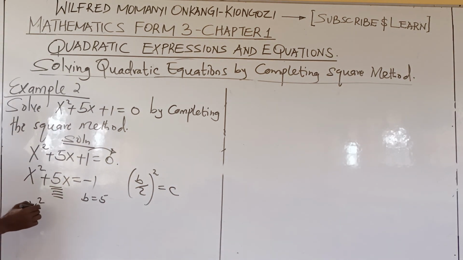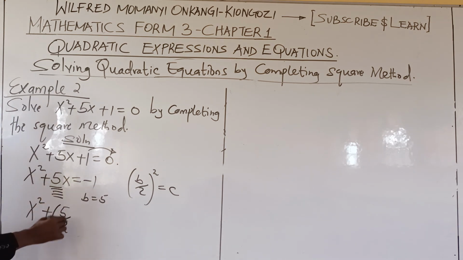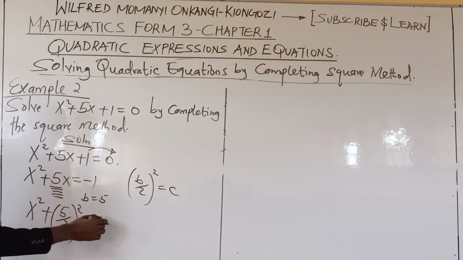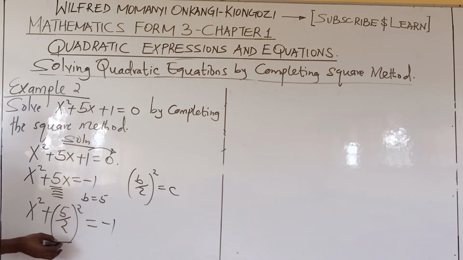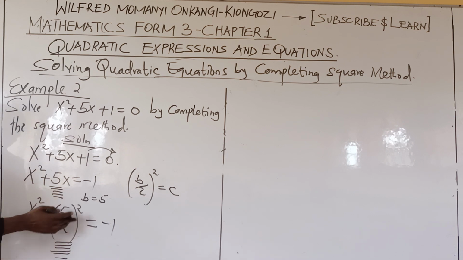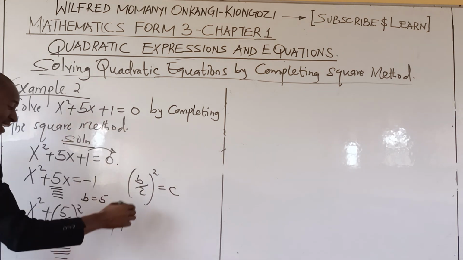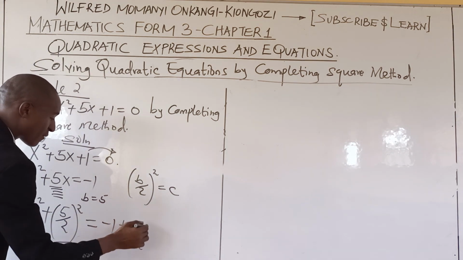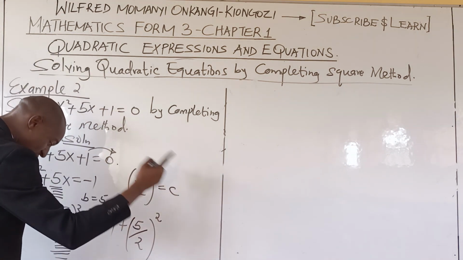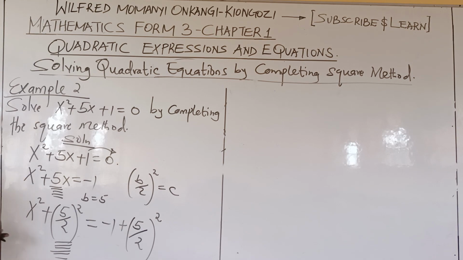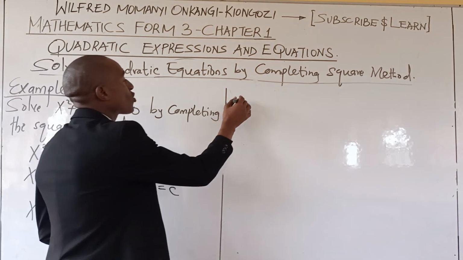So x squared plus 5 over 2 squared is equals to negative 1. And what you do on the left hand side with the constant that you form, you do it on the right hand side. So we replicate our 5 over 2 squared on the other side too. Then now factorize the square on the left hand side. The square is common.